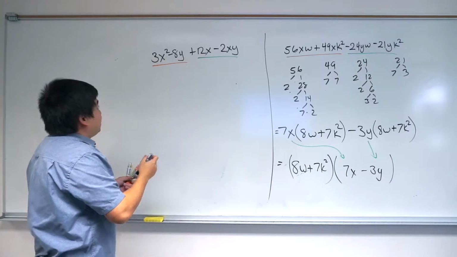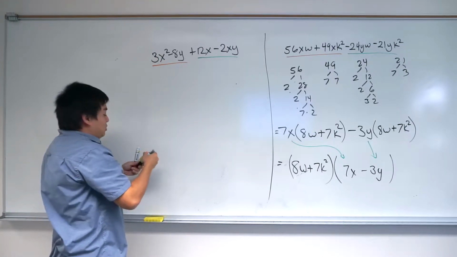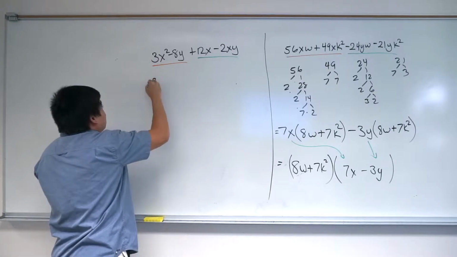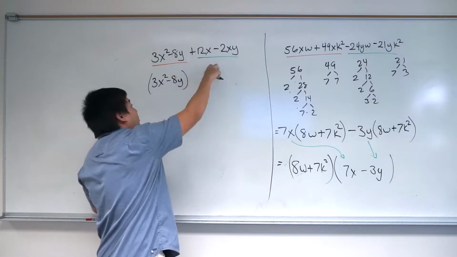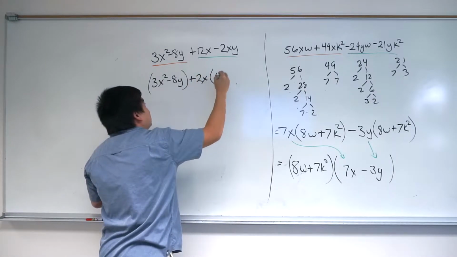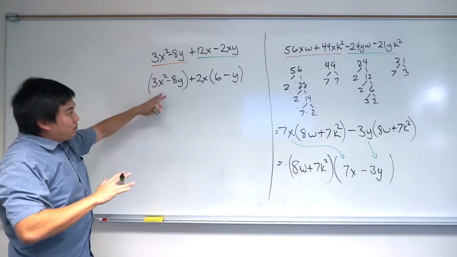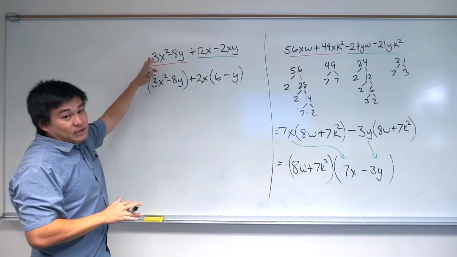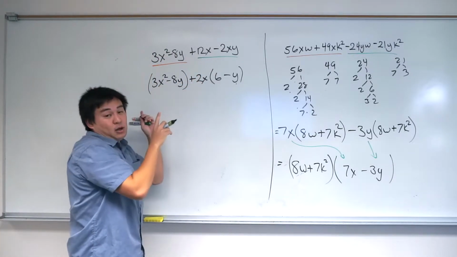If we take out the GCF from the beginning, there's nothing there, it's just 1. So we have to leave it as 3x squared minus 8y. The second one though, I can pull out a 2 and an x. So we get 6 minus y. After we went through the trouble of factoring out the GCF on the front and the GCF on the back, they don't have anything in common.